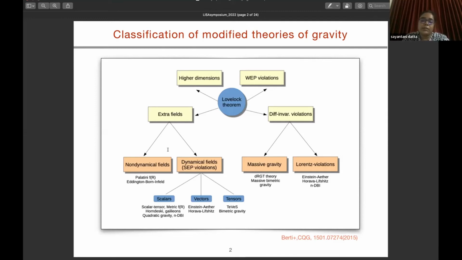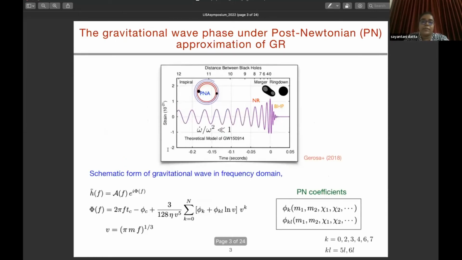So, given we had some theoretical model for gravitational waves emitted in these theories, we could have put them to test. But in their absence, what we do is a parameterized test. For this, we have a very good understanding of the gravitational wave phase evolution under post-Newtonian approximation of GR.